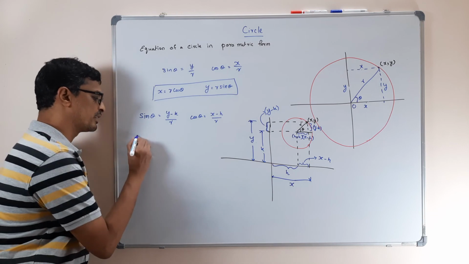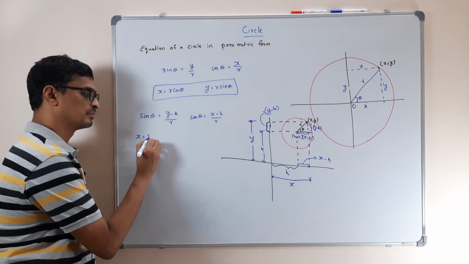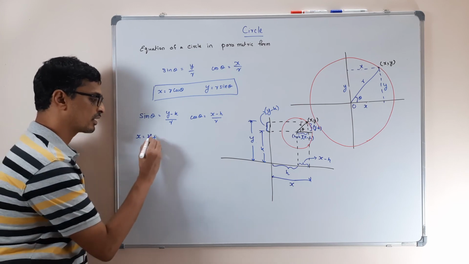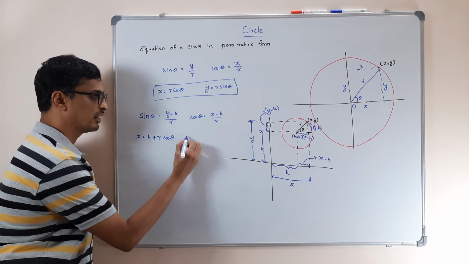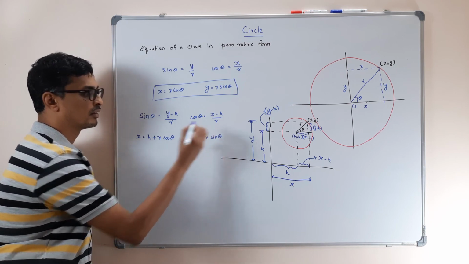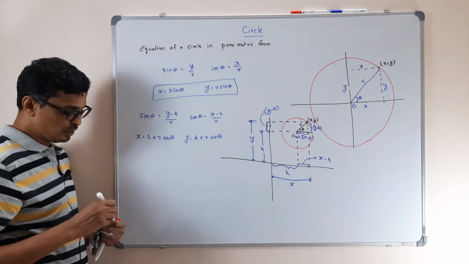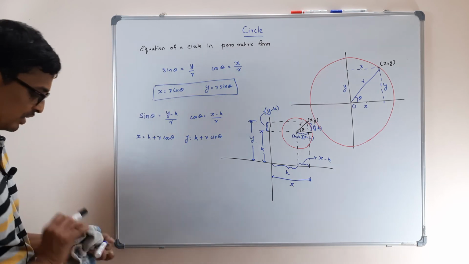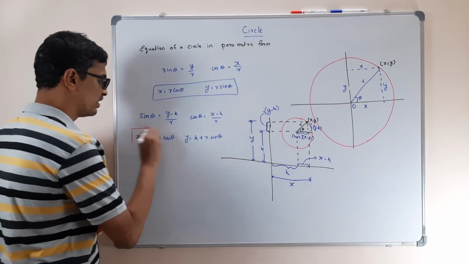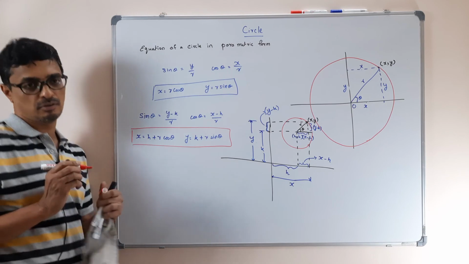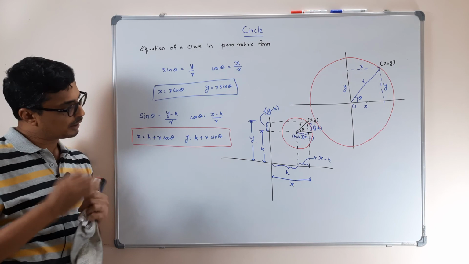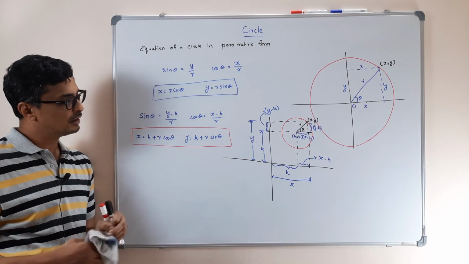So now you tell me, what is x? h plus r cos theta. Correct? And y is equal to r sin theta plus k. So this is the general equation of a circle with center h comma k in a parametric form. Clear? You got it? So this is the way you can define a circle in the parametric form.